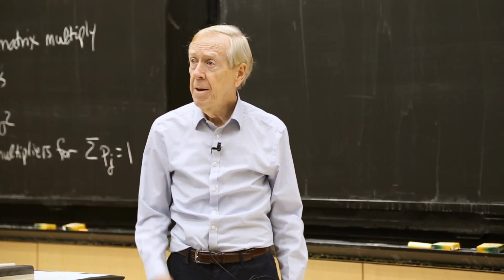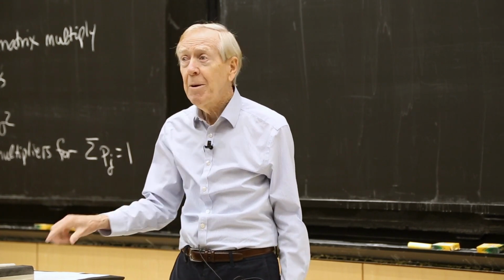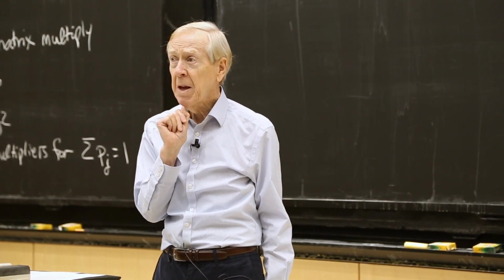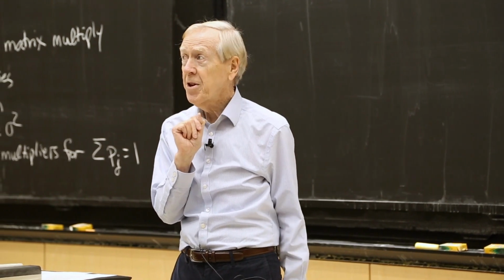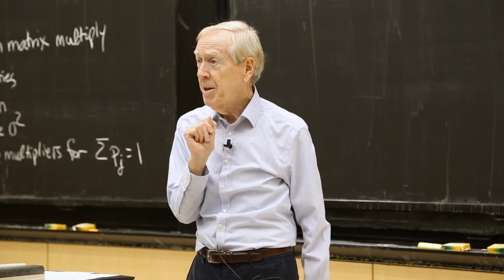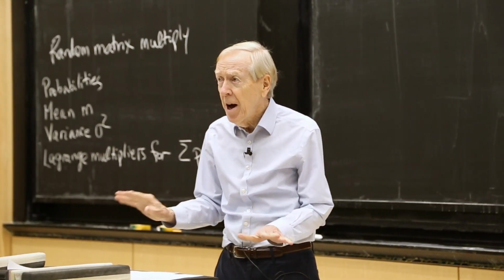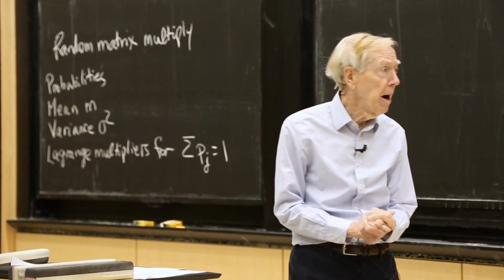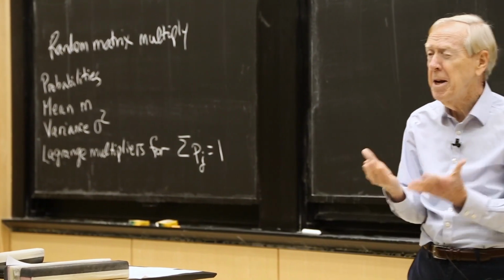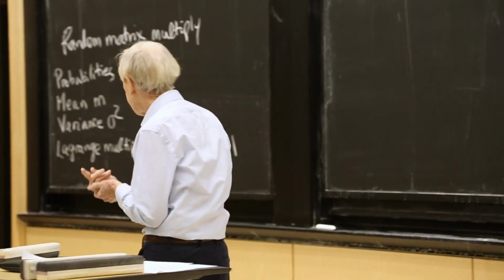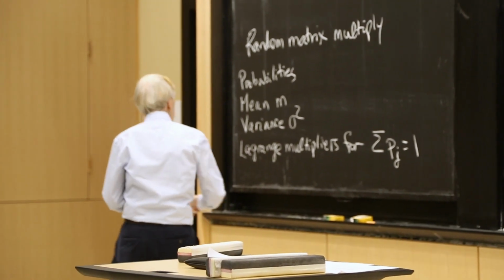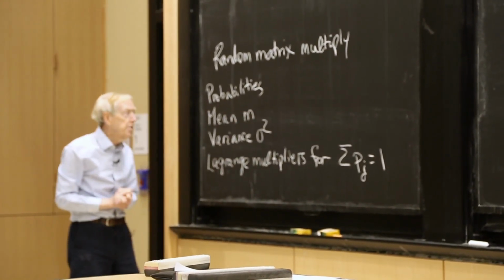So this lecture, I wrote these pages about 6 months ago. So I've been desperately trying to remember what I wrote, because it's not a subject I have ever spoken about before, but it's so neat. So here are some of the things that come into it. We have to decide on probabilities.